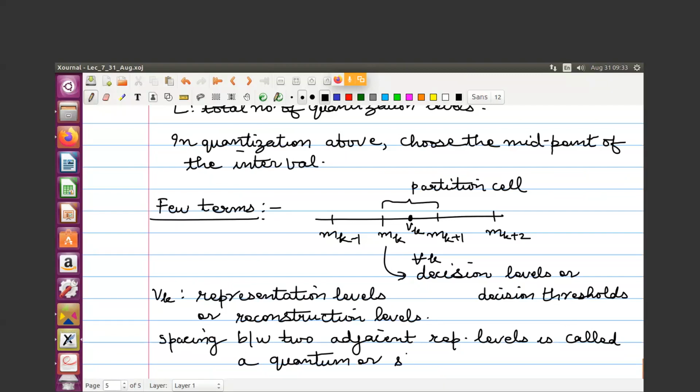In a few books, you will find this written as quantile. There is no uniform notation, as a few textbooks say quantile, a few say quantum or step size, but there is a proper name, and it comes from the logic through which we design these quantizers.